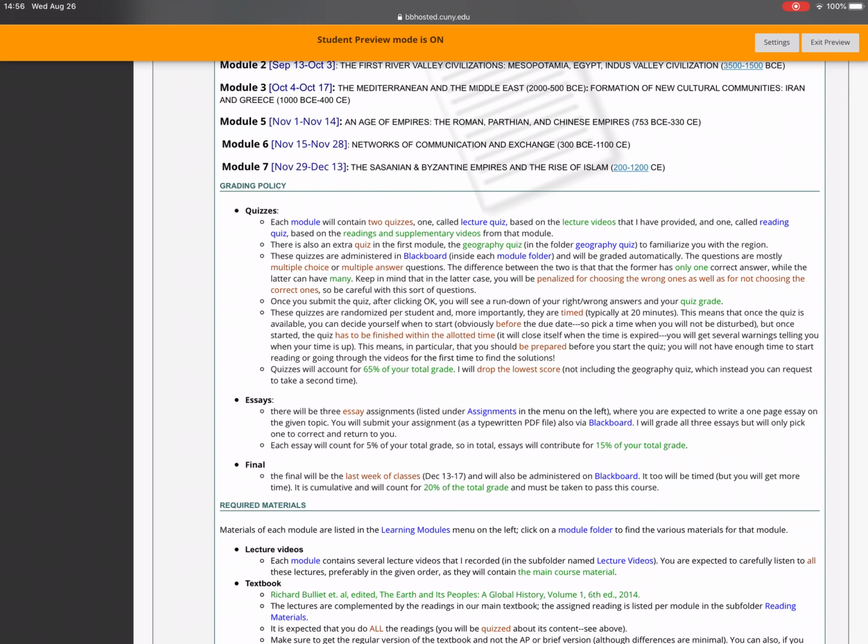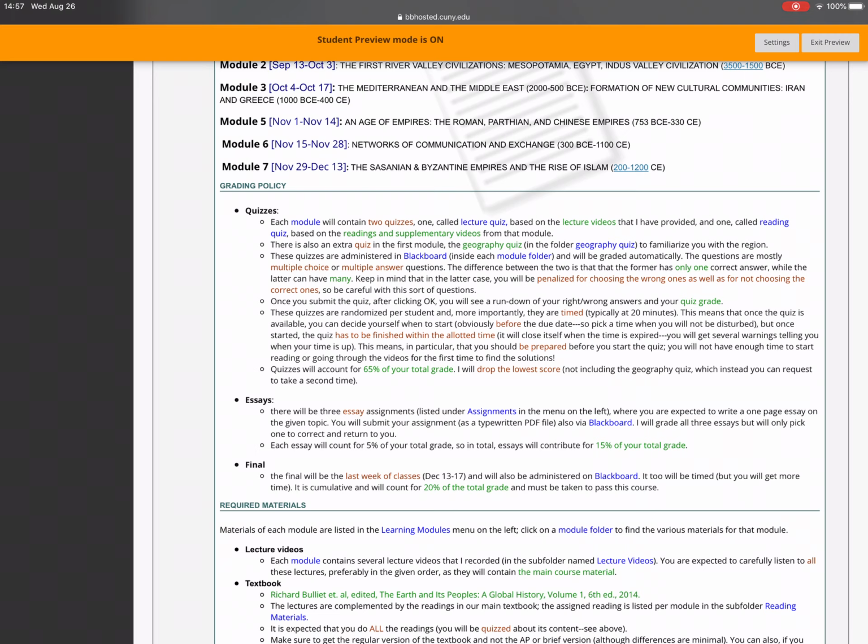Keep in mind that in this multiple answer setup, you will be penalized for choosing the wrong ones, as well as not choosing the correct ones, as it should be. Okay, and so as I said, once you submit your quiz by clicking OK, then you will get your grade.